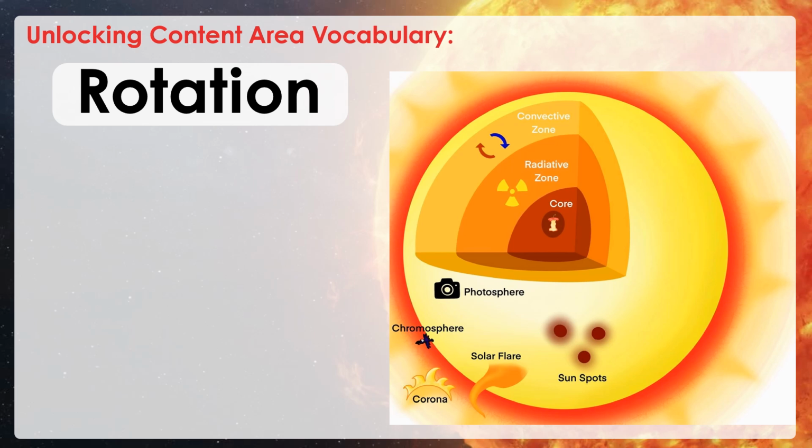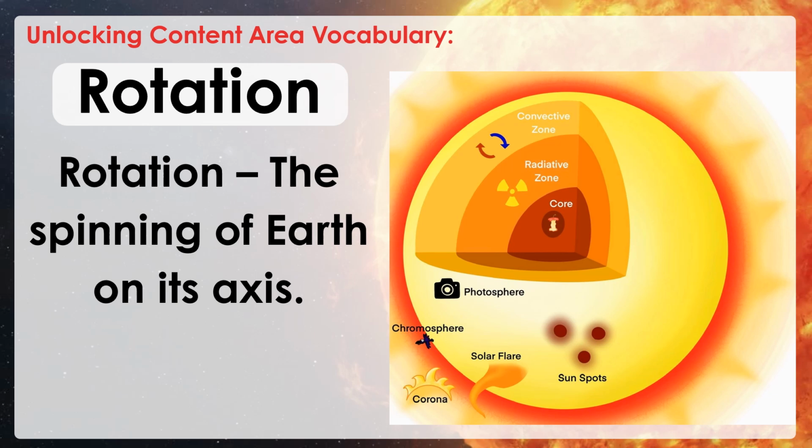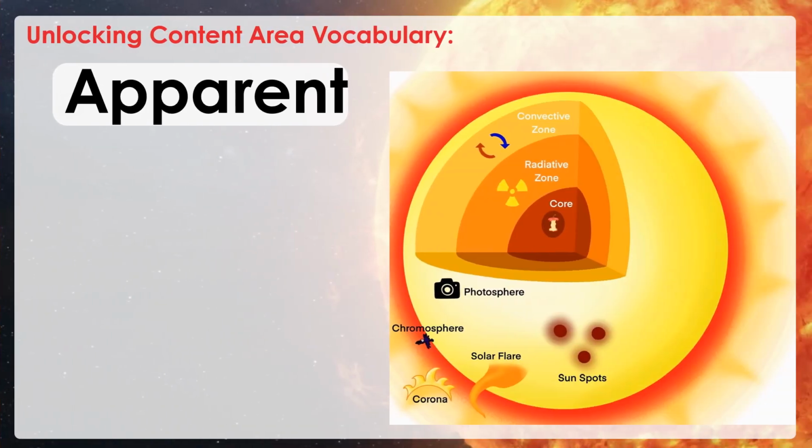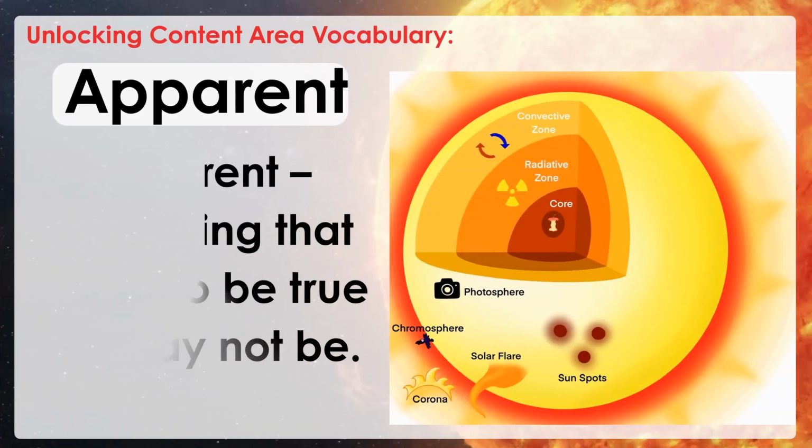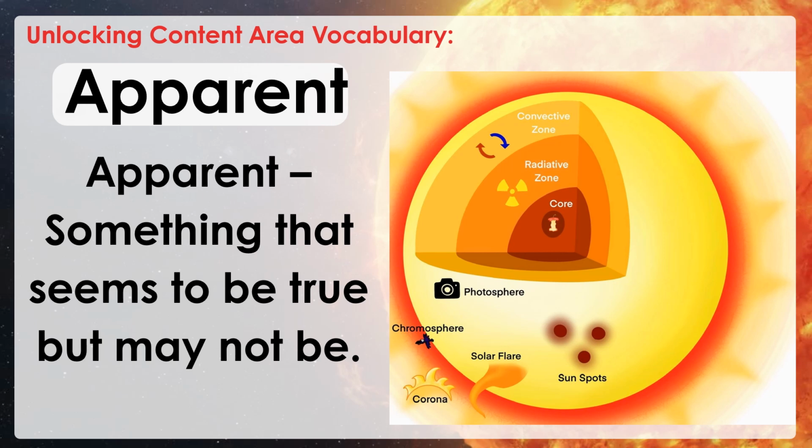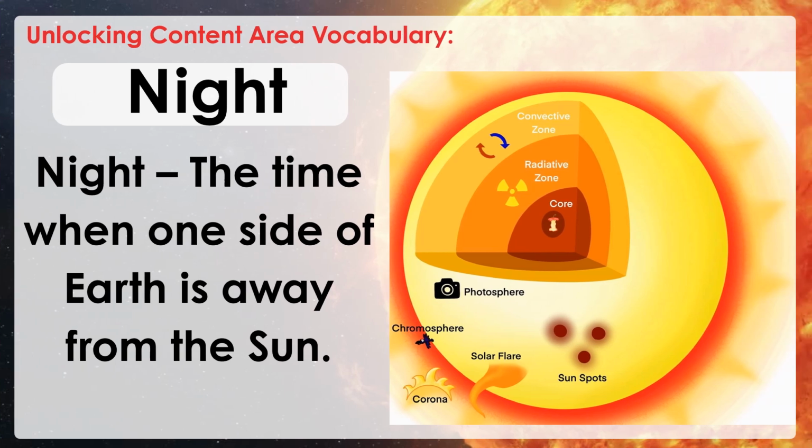Unlocking content area vocabulary. Rotation. The spinning of Earth on its axis. Apparent. Something that seems to be true but may not be. Night. The time when one side of Earth is away from the sun.